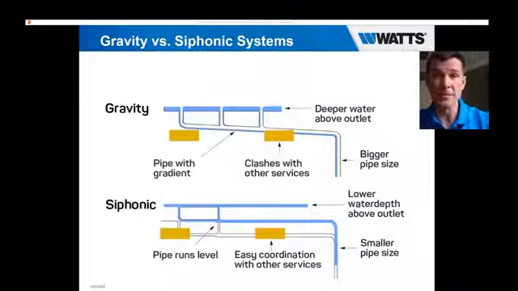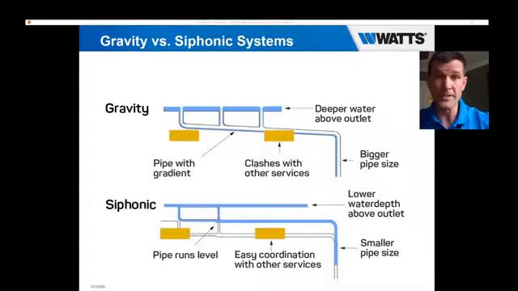So here are two of the systems basically back next to each other. From a gravity system, like I said, you have a deeper water level or ponding on top of the roof compared to the siphonic. The difference with gravity is, to get everything down, it's using gravity, so you need to slope the piping.